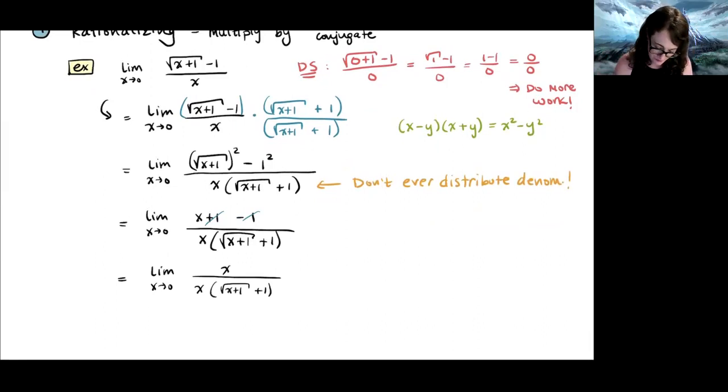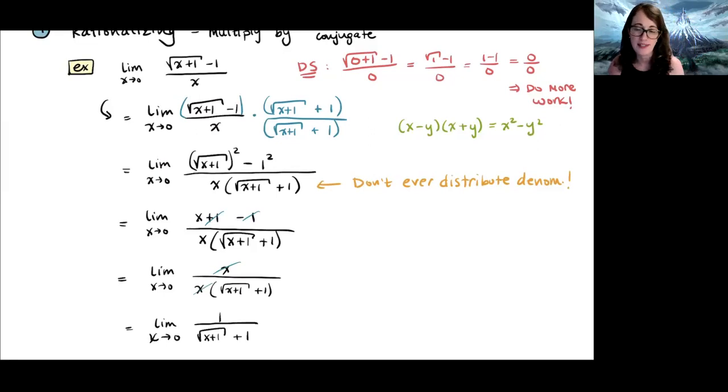And finally, here's where the hole is being filled in or removed. So we've got just x in the numerator, times x in the denominator. So we can cancel those. And what we are left with, again, is something that's exactly the same as the thing that we started with, except we can plug a 0 into it.